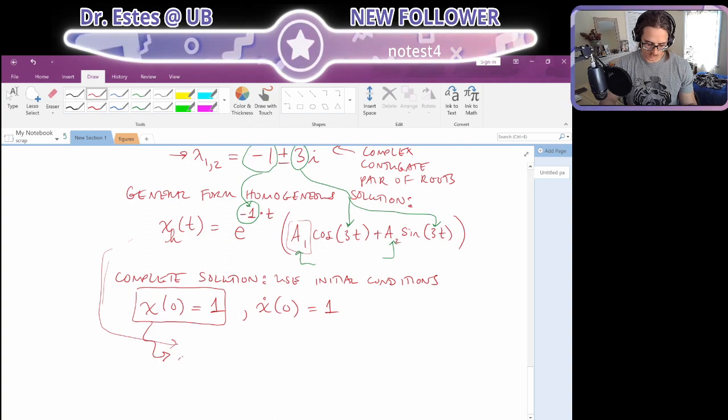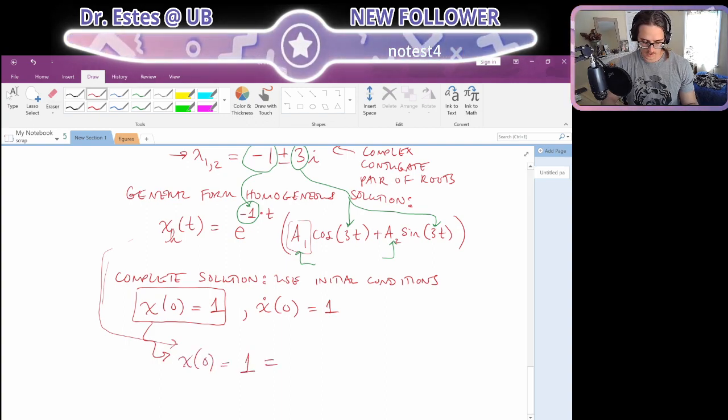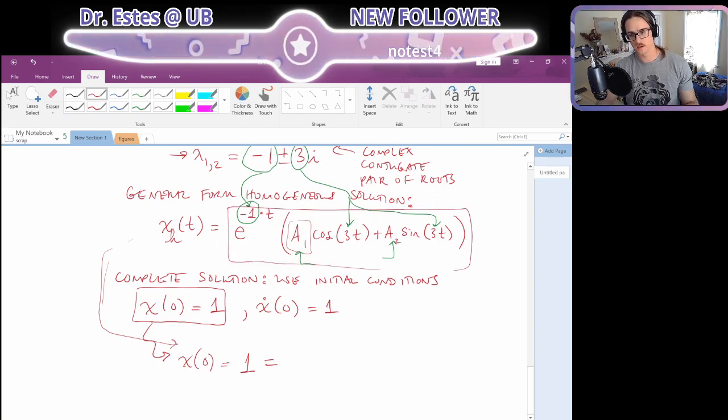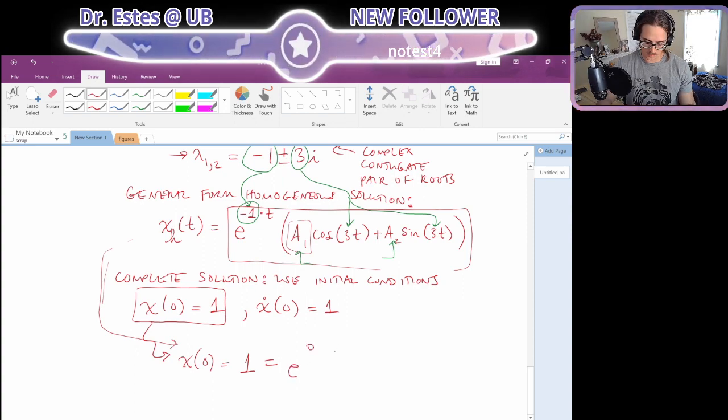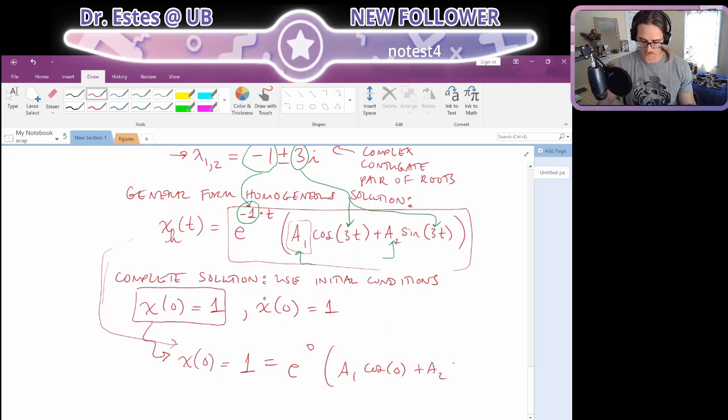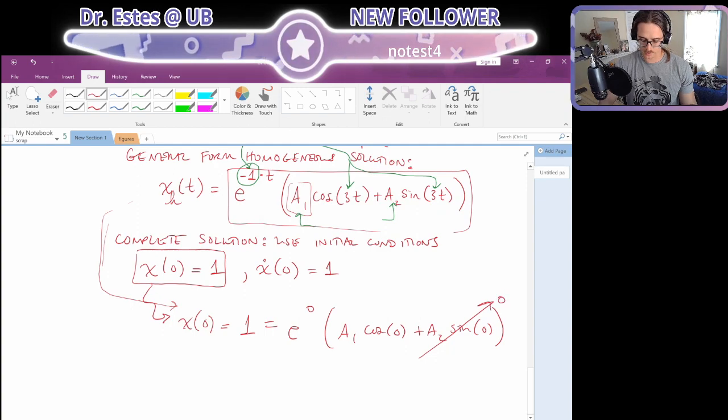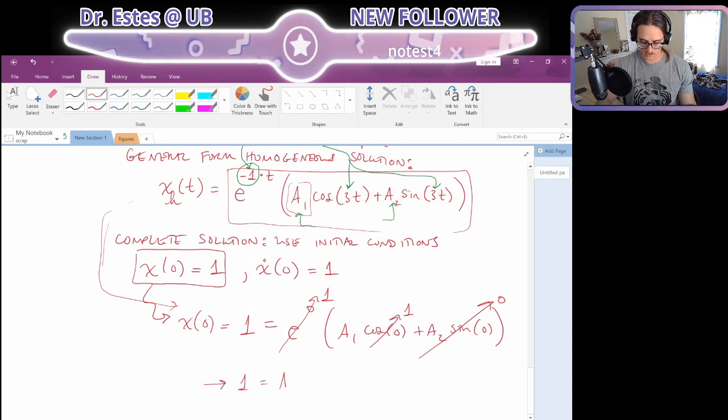So x0, it equals 1, and it's going to be equal to this whole expression with t equal to 0. So it's going to be e to the 0 times a1 cosine 0 plus a2 sine 0. Sine of 0 is 0. E to the 0 is 1. Cosine of 0 is 1. So this just means that 1 equals a1.